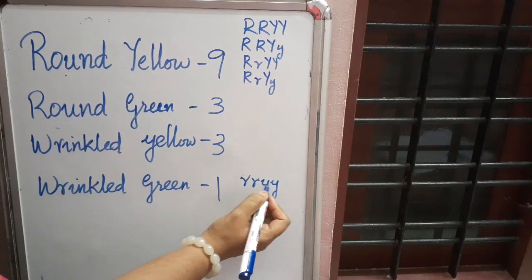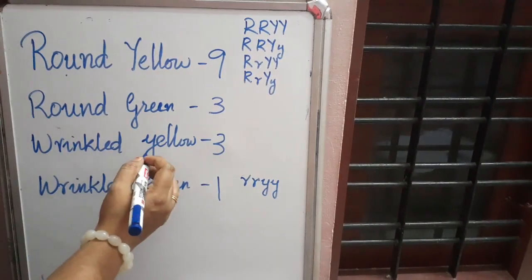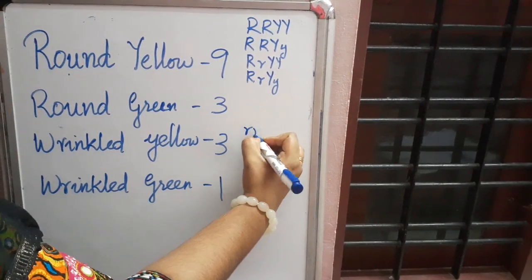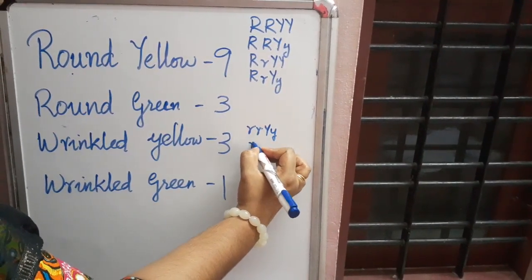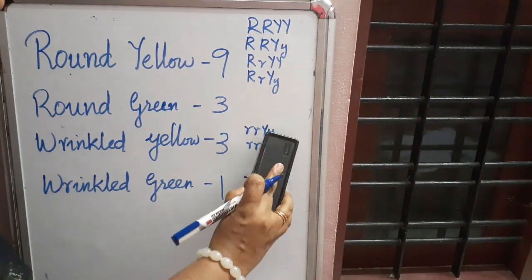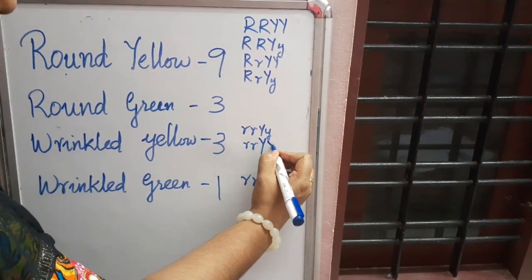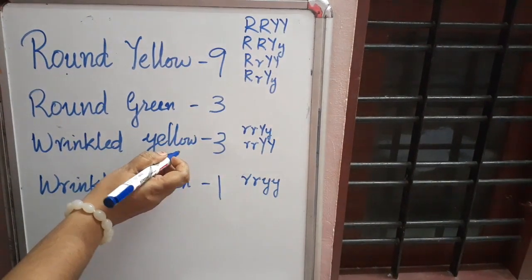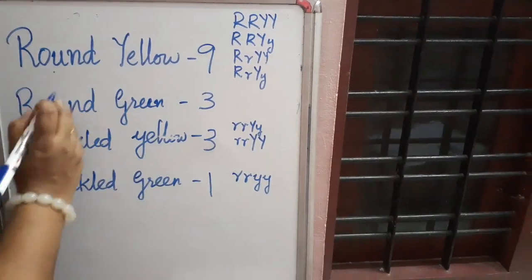That is wrinkled green. That will be pure. And then wrinkled yellow contains small r, capital Y. The remaining 3 plants will be round green.